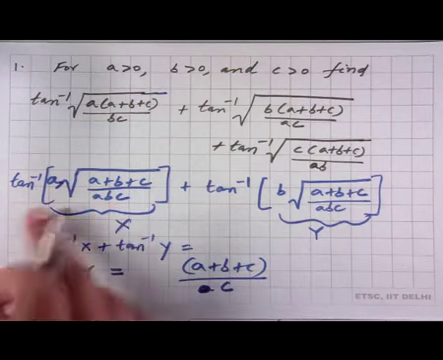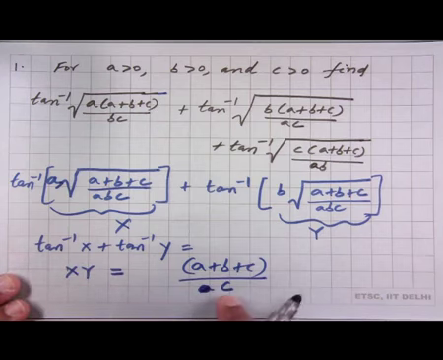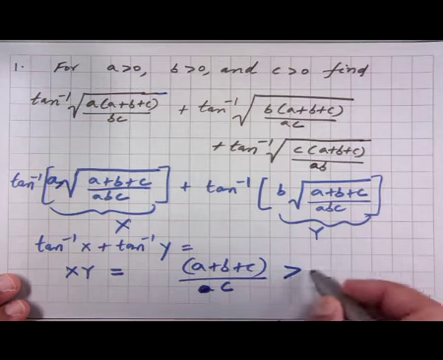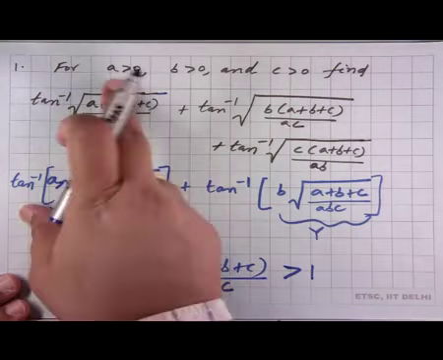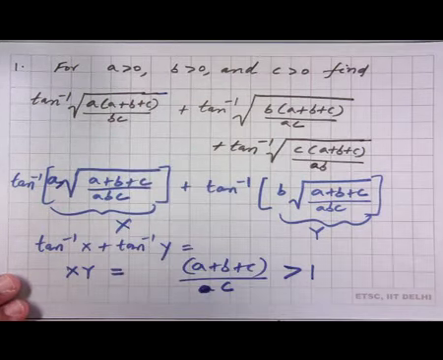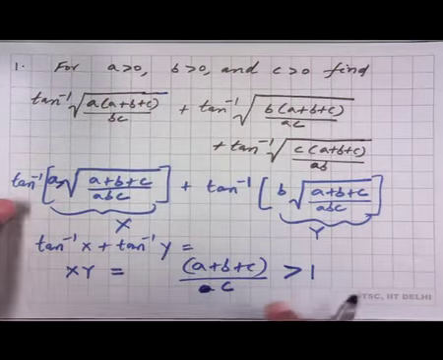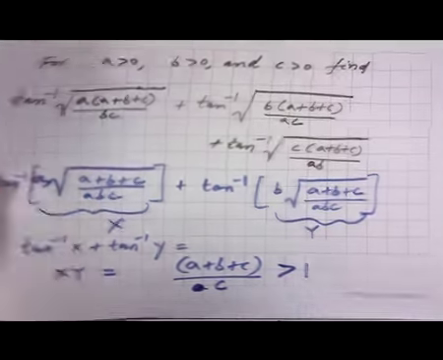So the ab is going to get cancelled, and what remains in the denominator is only c. This obviously is strictly greater than 1, because it is given that a, b and c are all positive.